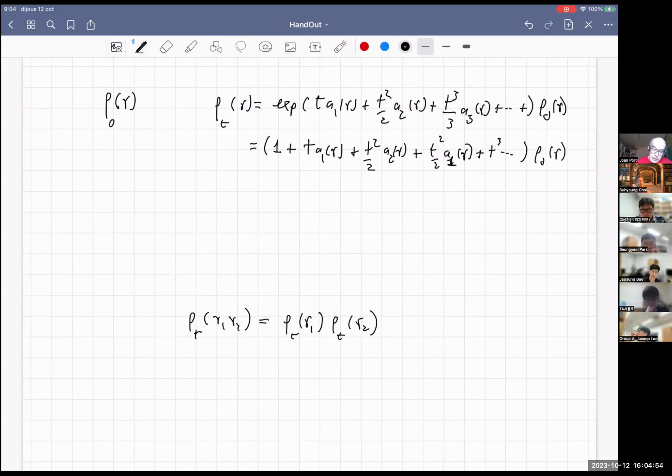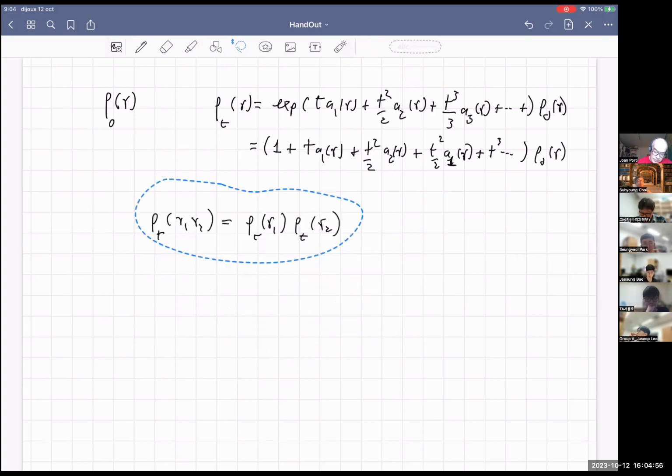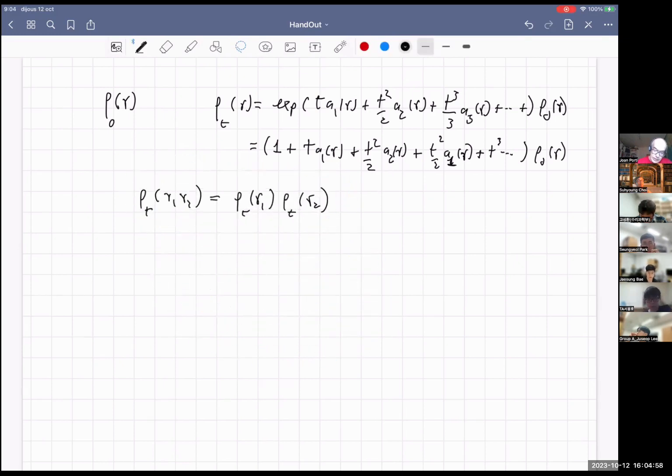And now I go to this. Now, okay, I write 1 plus, on the left, I have t a1 of gamma 1 gamma 2. Let me write differently, and let me write alpha and beta, so as not to confuse the indices: rho t of alpha times rho t of beta. I'm very bad at that.